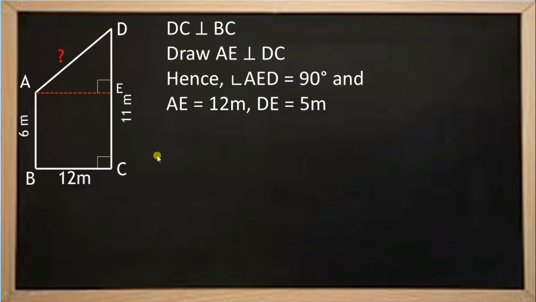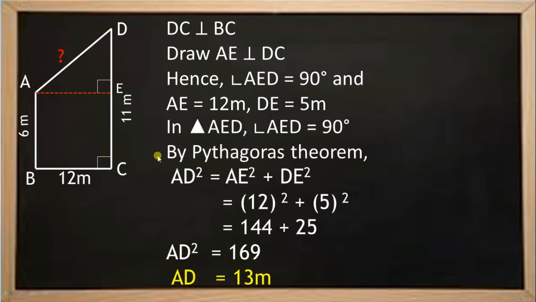Now, at the point E, we have a right angle. Consider the triangle AED. AE is taken as 12 meter, DE is taken as 5 meter. As AED is a right angle, at angle E it is 90 degrees. Identify the side opposite to angle E, that is AD. So Pythagoras theorem says the square on the hypotenuse, that is AD square, is equal to the sum of the squares of the other two sides.